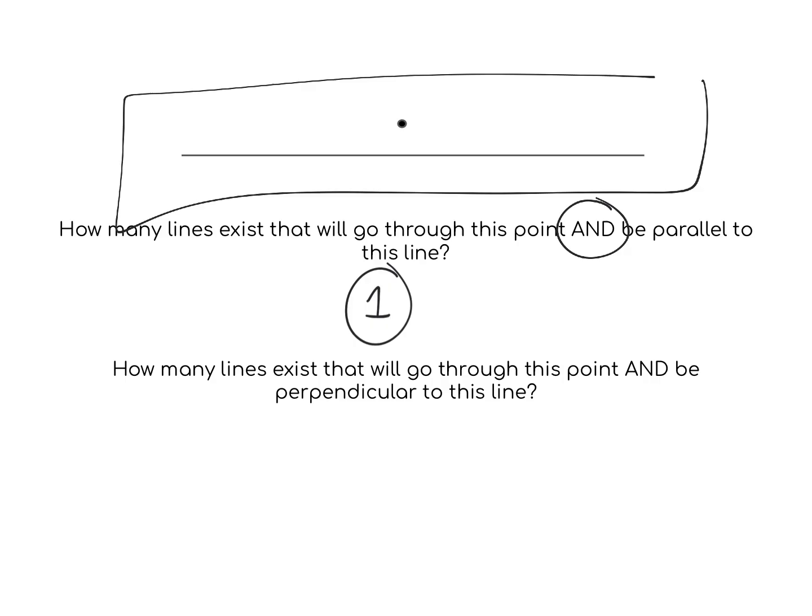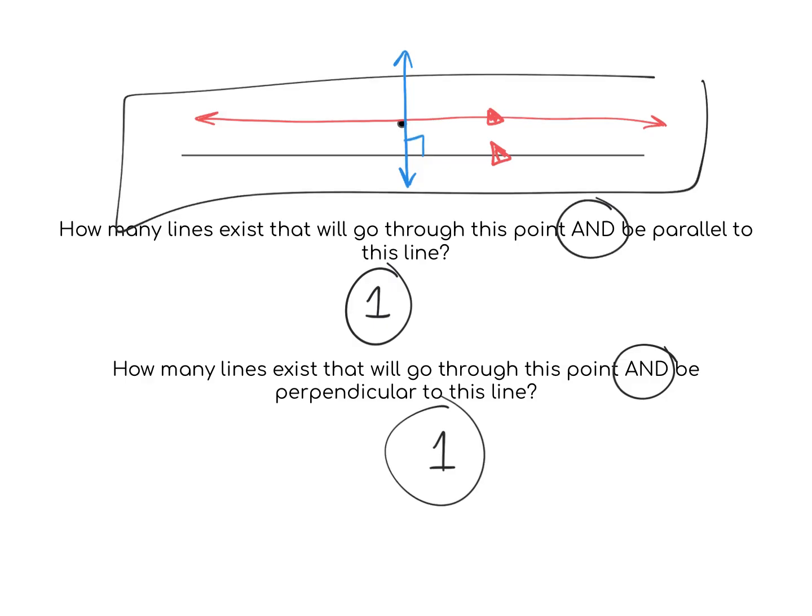How many lines will exist that will go through that point and be perpendicular? Well, we know that there's only one. Again, if we were going to draw those, we could only draw one line that is going to be perfectly parallel, and we can use our markings here. And we can only draw one line going through here that is going to be perpendicular. No other lines can be drawn. There's only one that will be parallel and one that would be perpendicular.